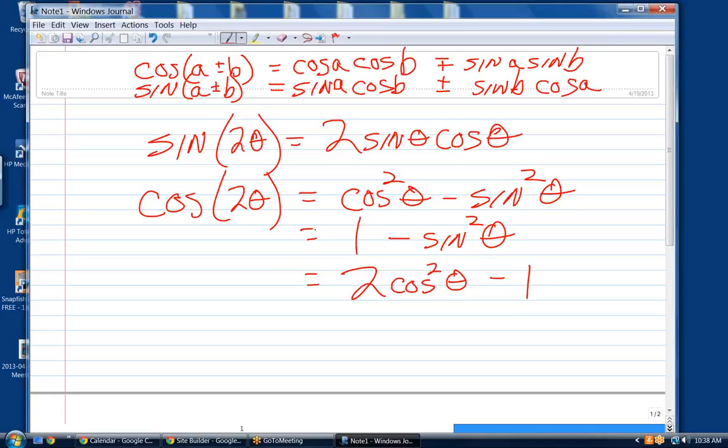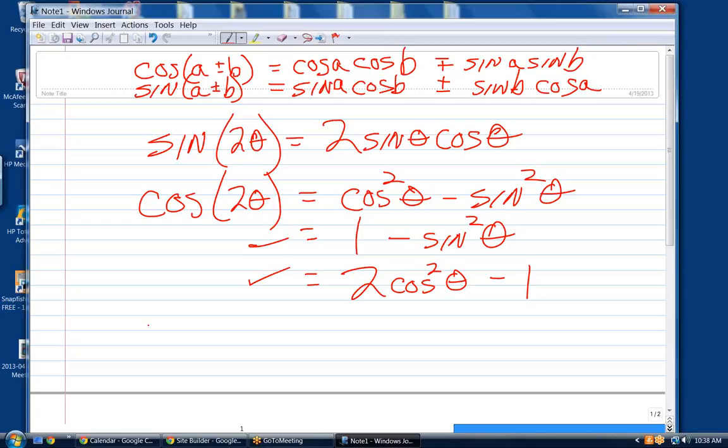The reason we have 3 different identities for the cosine of 2 theta is because sometimes you're solving a trig equation and you want everything to be in sine, so you would use this one. Sometimes you want everything to be in cosine, so you would use this one. And sometimes you want everything to be a combination of cosine squared and sine squared.